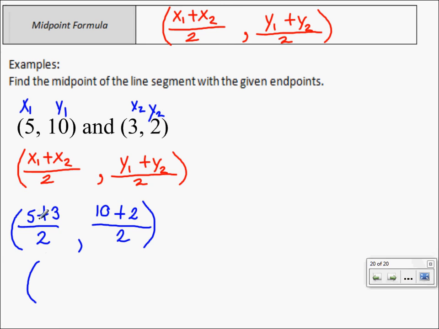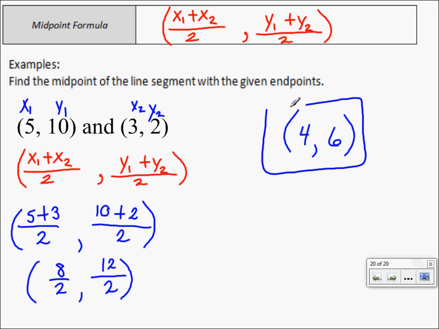Okay, now we have 5 plus 3 is 8 divided by 2, comma, 10 plus 2 is 12 divided by 2, close parentheses. So to finish this off, 8 divided by 2 is 4, comma, 12 divided by 2 is 6, and that is the midpoint between the 2 points.